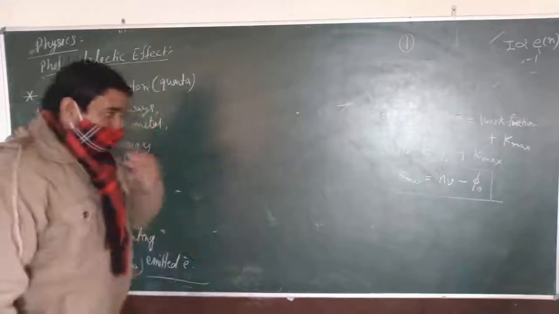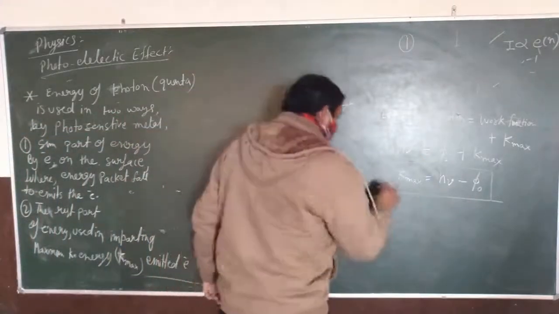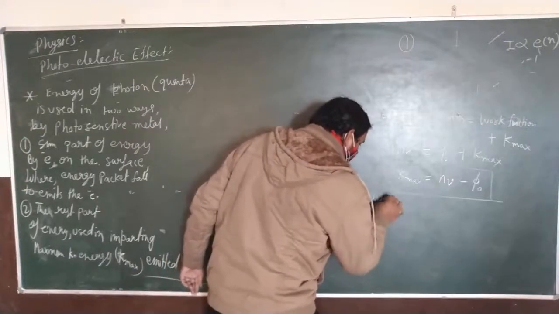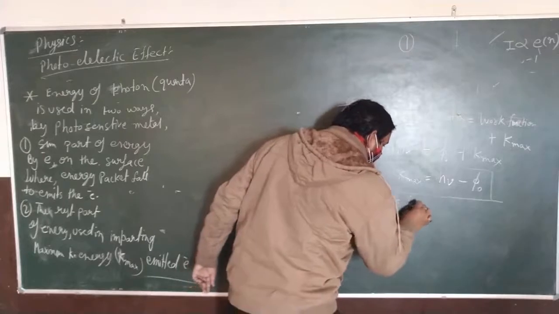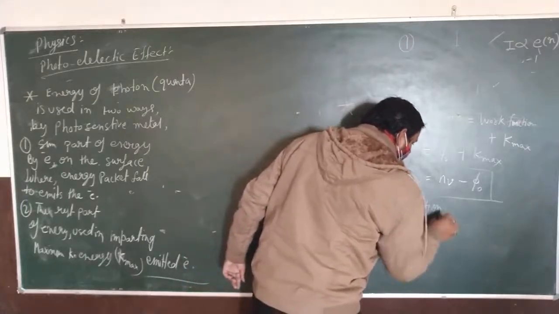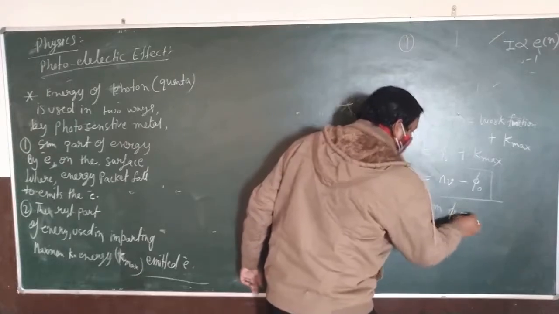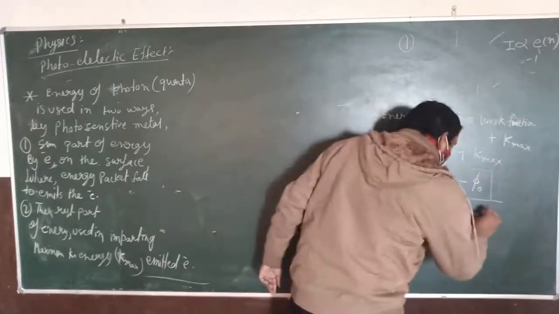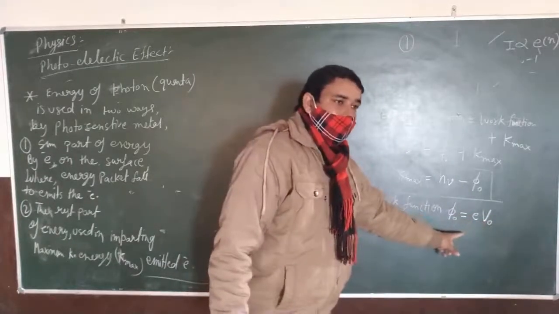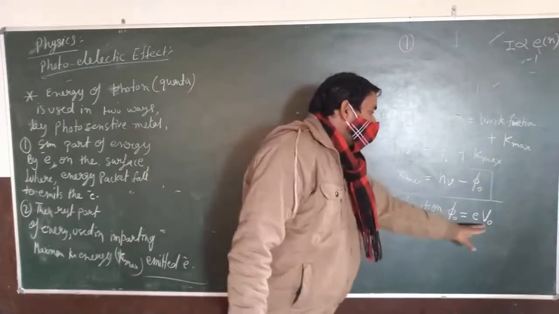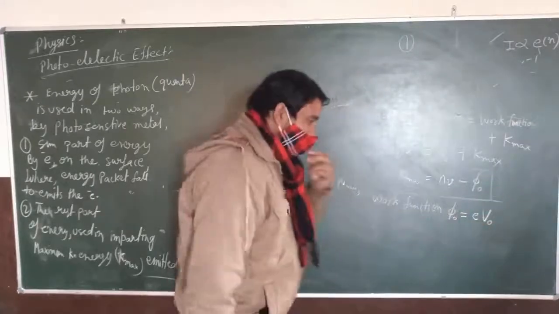Now the work function phi naught is equal to e V naught, where V naught is the minimum stopping potential, or the minimum potential given to the surface to emit the electron.